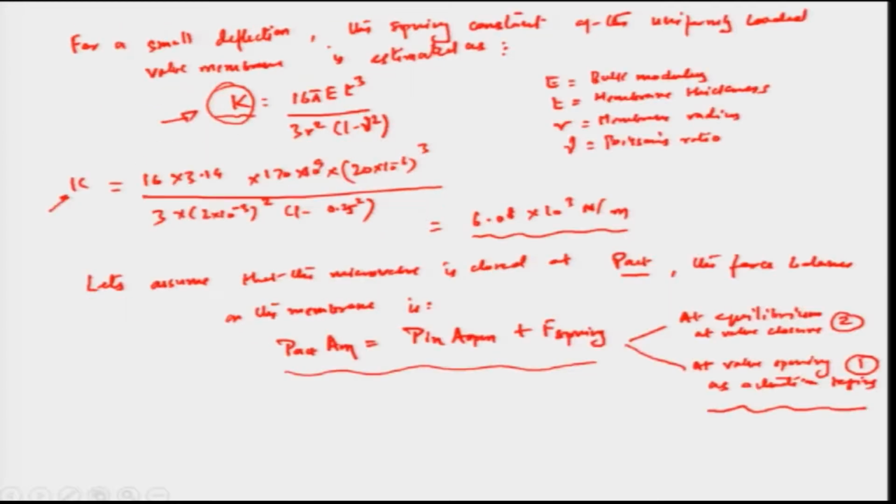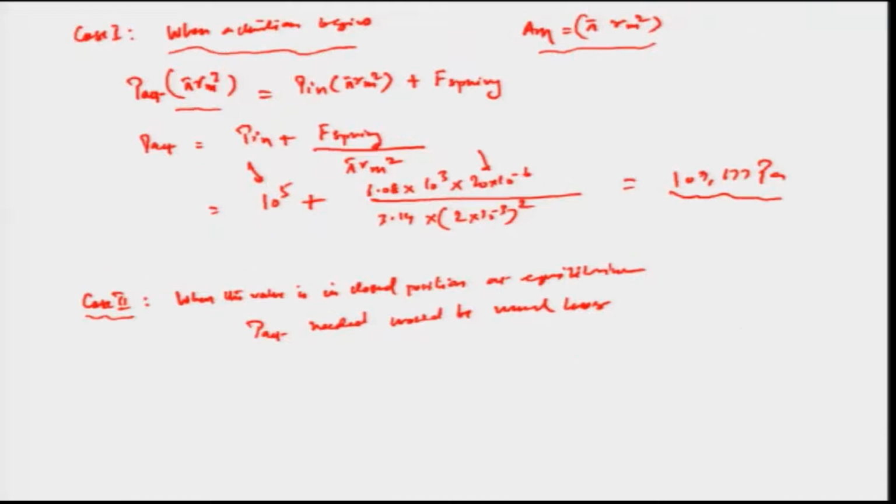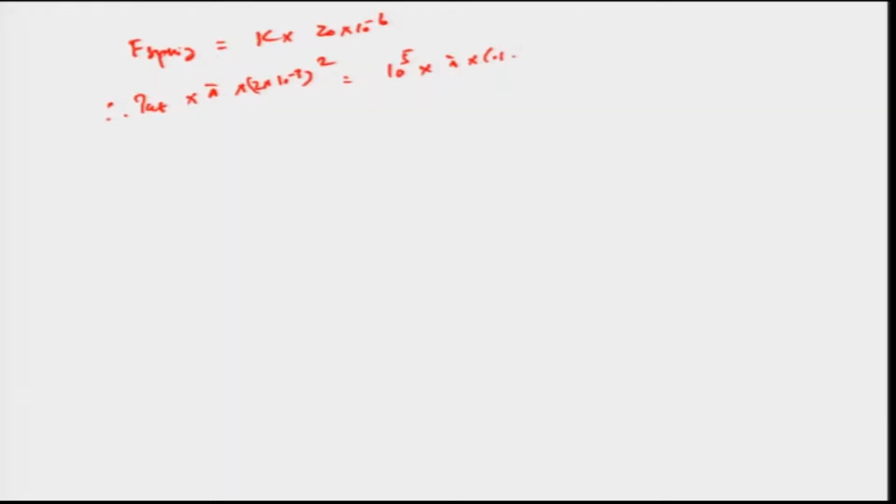You know that the opening diameter here has been given to be about 200 microns. So, that is about 1.1 millimeters radius. So, let us put this value back here. So, we have 0.1 times (10 to the power of minus 3) squared as the force on the inlet side.